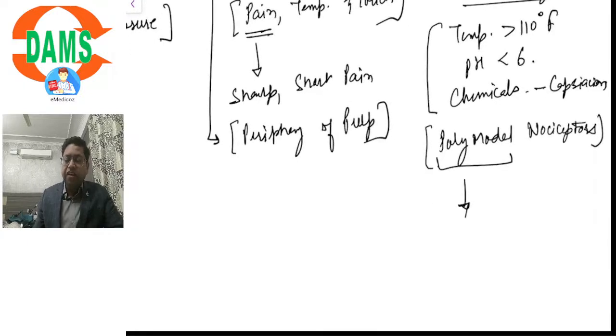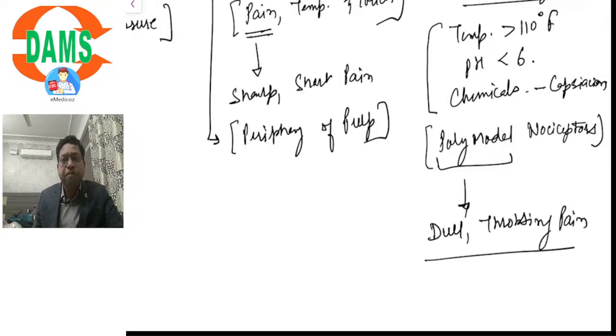And as they are the nociceptors, dull throbbing pain is carried by them. They cause what type of pain? Dull and throbbing pain, which is in contrast to the A delta fibers, which form a short, sharp pain.